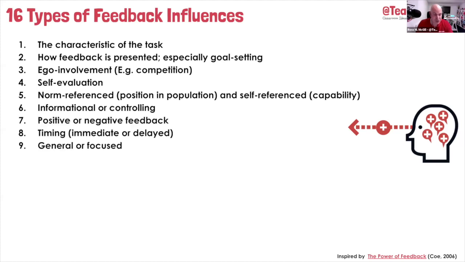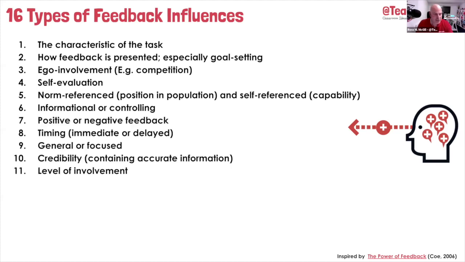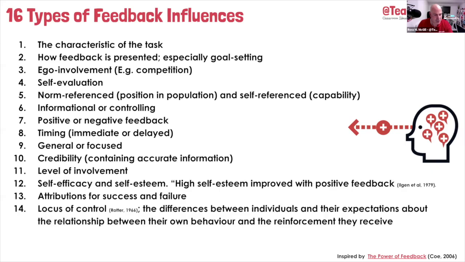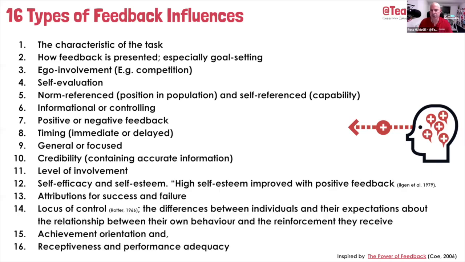Positive, negative, general, focused, all these things. I won't go through them all, but I'm going to just show you them here. Now, of all the work that I do with teaching and learning policies, there are mechanical things, marking once a week, purple pen of progress, but not many factor in feedback influences. What makes a difference, if we choose one idea to do as a group of teachers in a school, what factors do we need to be aware of that determine their success?